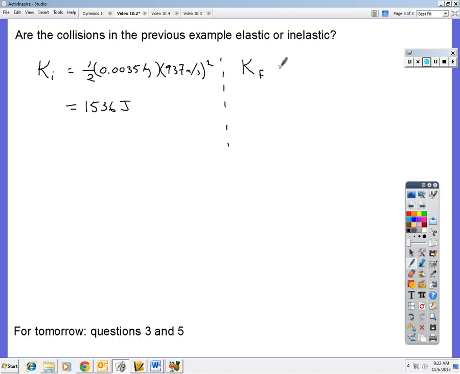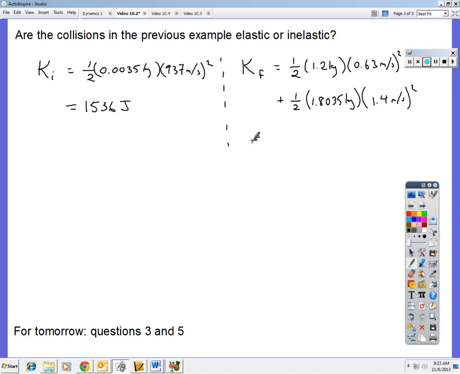Now we'll also have to find the final energy of the system, and if that happens to equal the initial energy, then it was an elastic collision. And if it happens to be less than the initial energy, then it was an inelastic collision. If it's greater than the initial energy, then it probably means we made a mistake somewhere. So we have one half times the mass of block A times the square of its velocity, plus one half the combined masses of block B and the bullet times the square of their velocity.